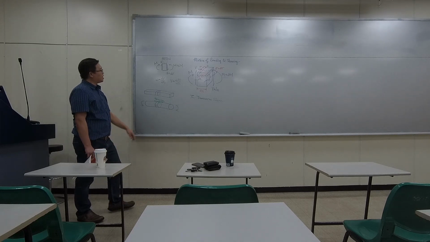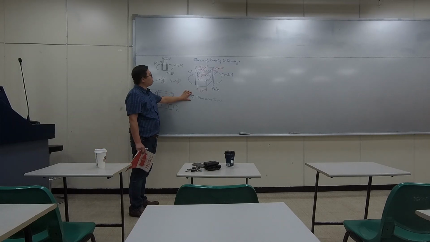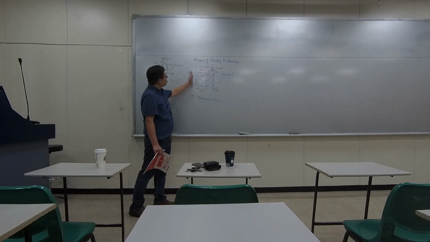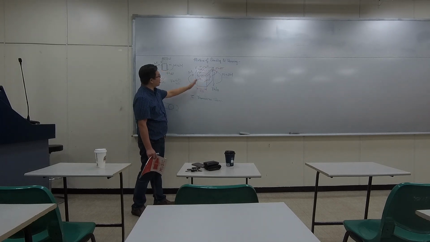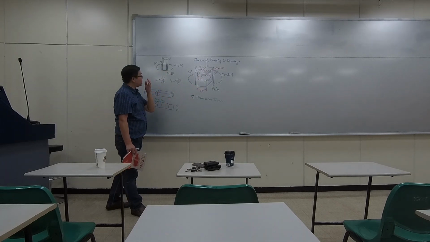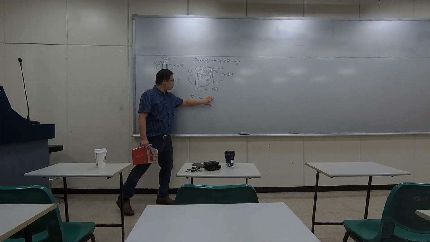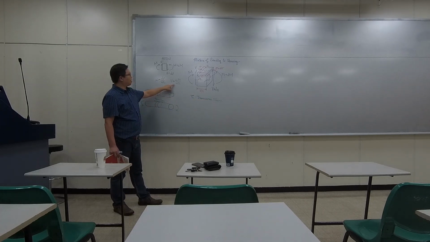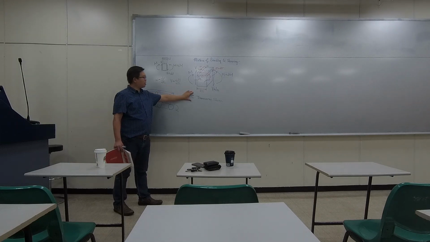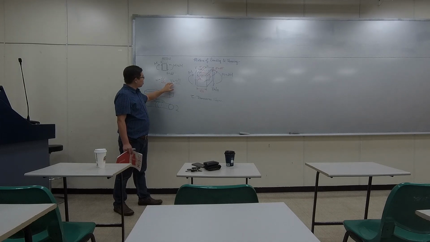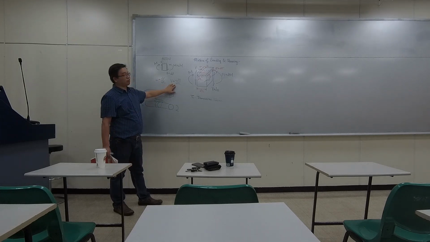Why did I say this only happens when we have both a change of shear and a change of moment? Because later on, this equation will depend on the value right here. If this is 0, then the transverse shear will be 0. So in what situation will this be 0?